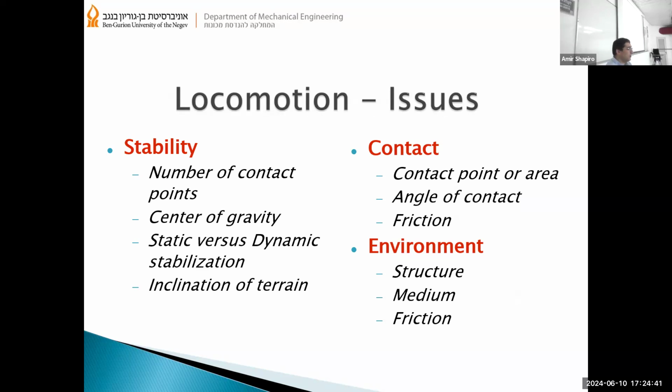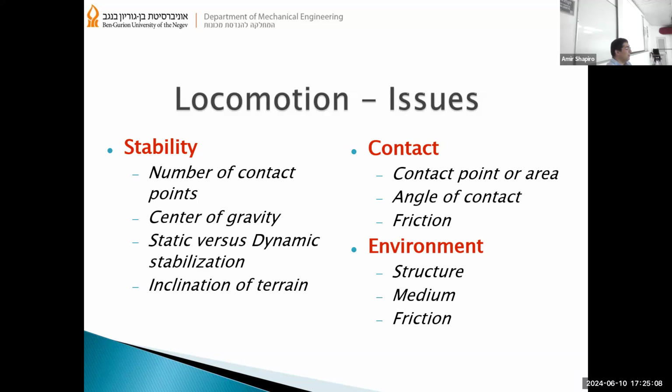First, for a walking robot is the stability, maintaining stability, and there are several definitions of stability. Stability is a dynamic effect. Usually when we talk about walking robots, we talk about equilibrium, not stability, which is a static effect.